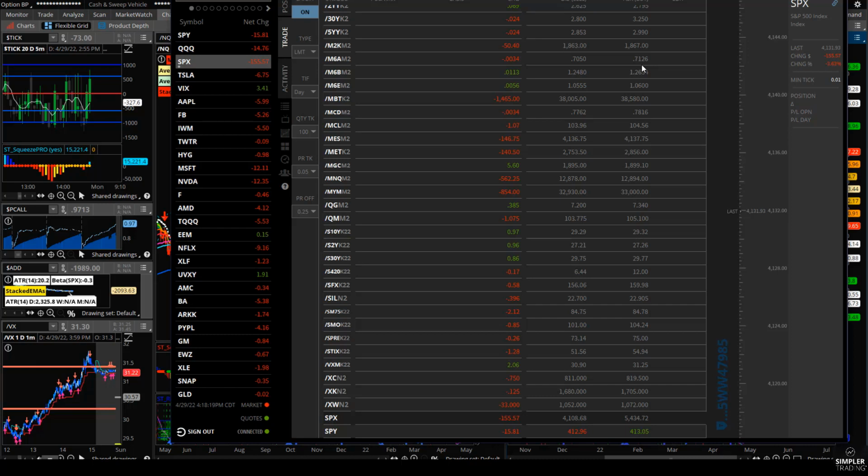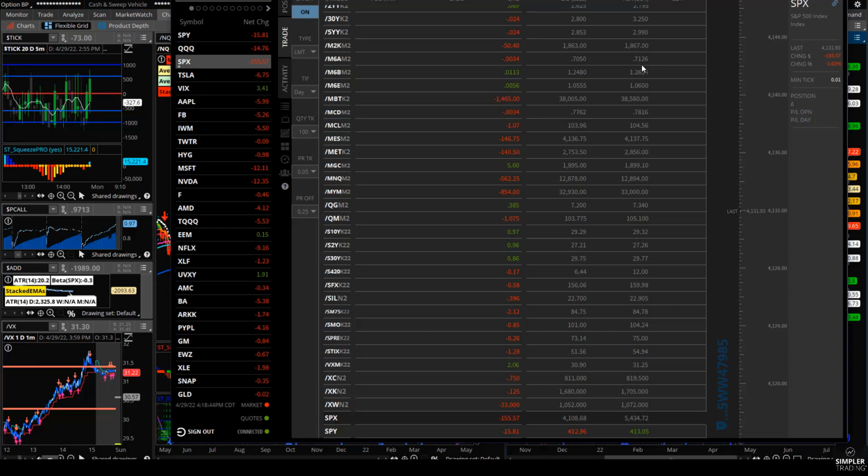The net liquidating value needs to be above $25,000 by the end of the day for you to avoid being penalized for day trading in general. So that's a distinction between options trading and futures trading when it comes to what we call the pattern day trading rule, or the PDT.